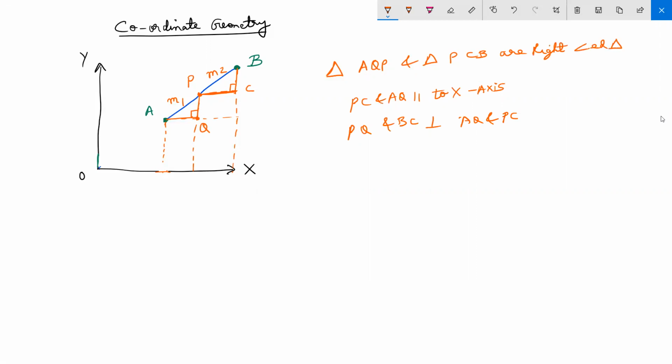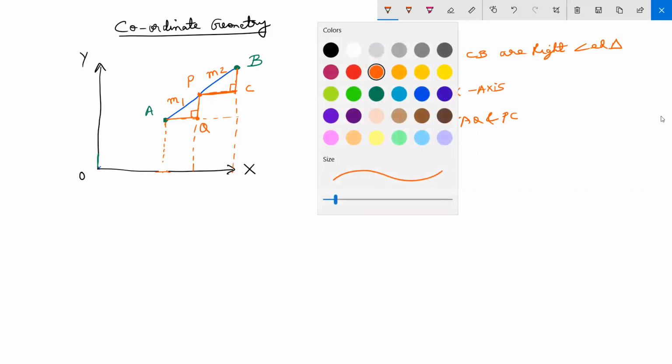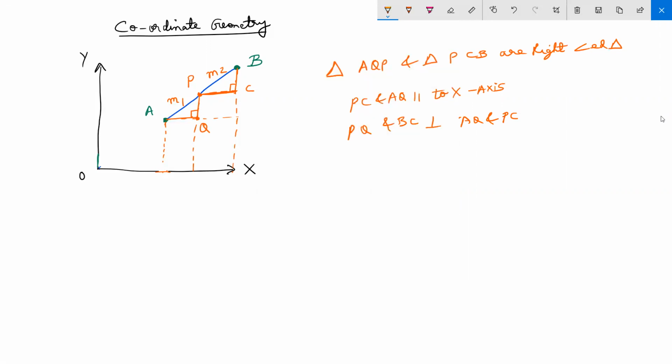Now in these right angle triangles you can see over here that these two angles are corresponding angles, so these two angles will be the same, and angle C and angle Q are each a right angle. So these two triangles are similar by the double angle similarity test.